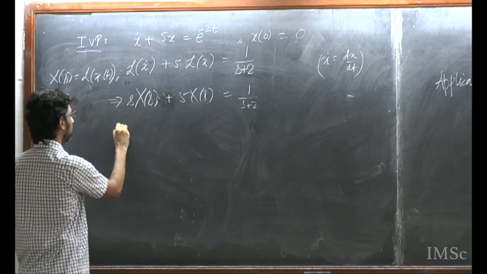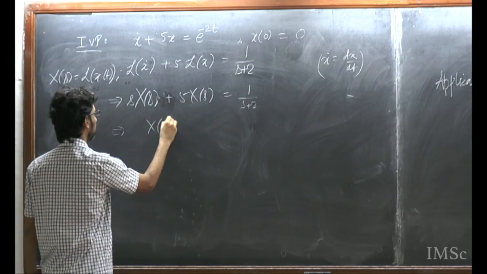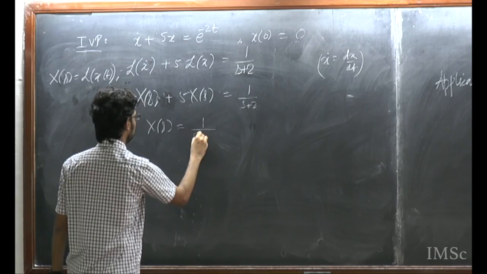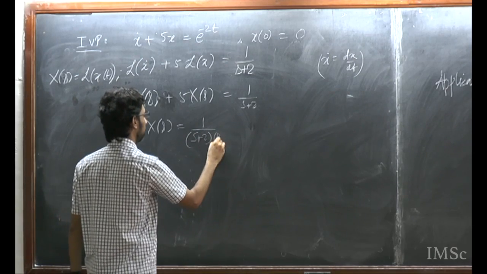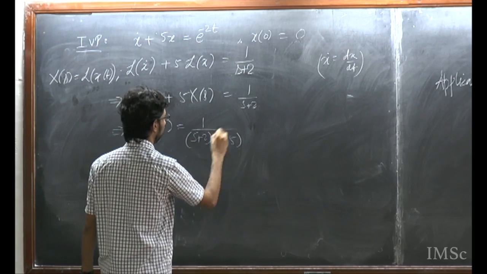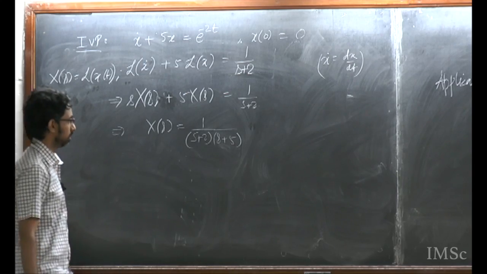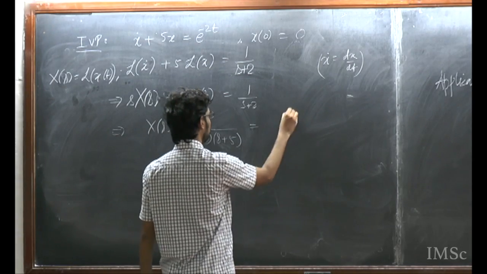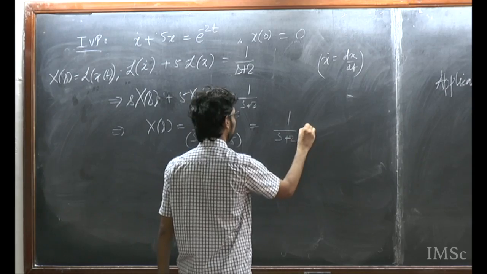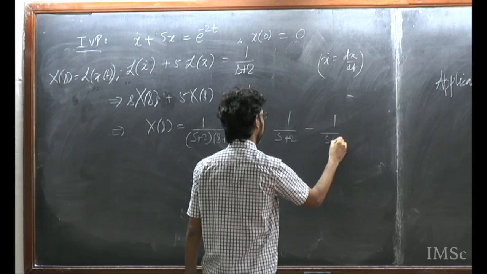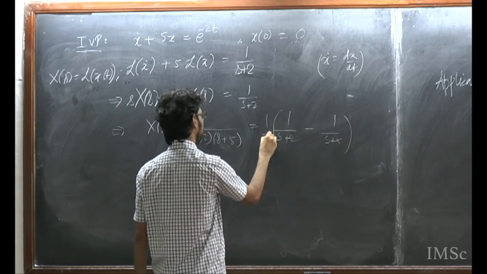So what do you get? X(s) is 1 by (s plus 2)(s plus 5). And then you can separate using partial fractions. So what is it? 1 over s plus 2 minus 1 over s plus 5, and then you have a 1 by 3.